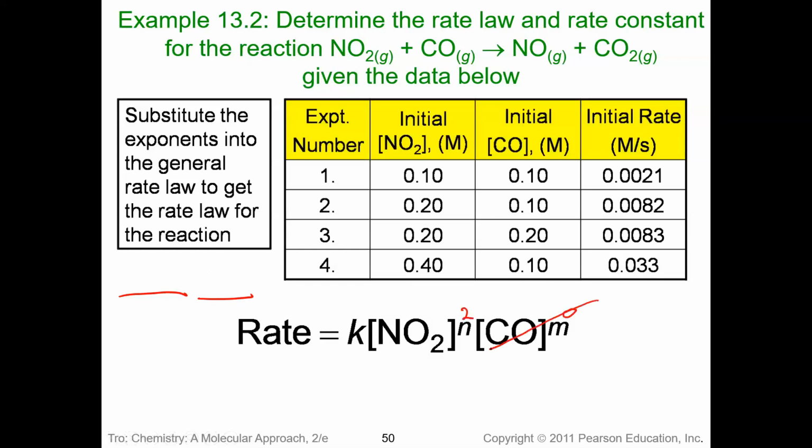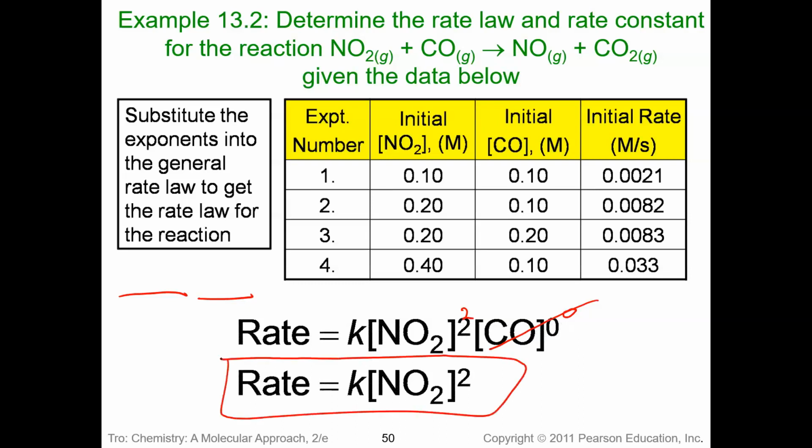We don't write zeros because anything to the zero is one. So this is our rate law for our experiment. This says determine the rate law and the rate constant, so we need to keep going here. But the rate law is this. That's our rate law.